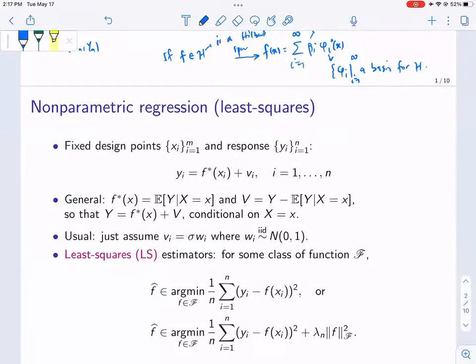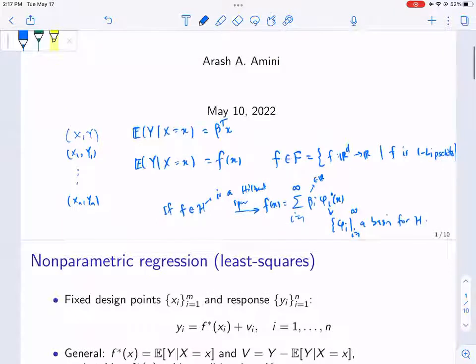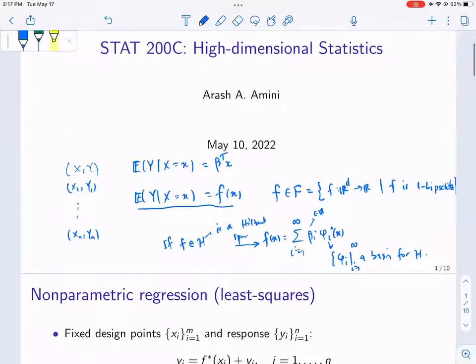There's one more piece, which I'm not going to emphasize here, but it's worth remembering. In general, I can always write y as f star of x, this is the true f, plus y minus f star of x. This is always true.